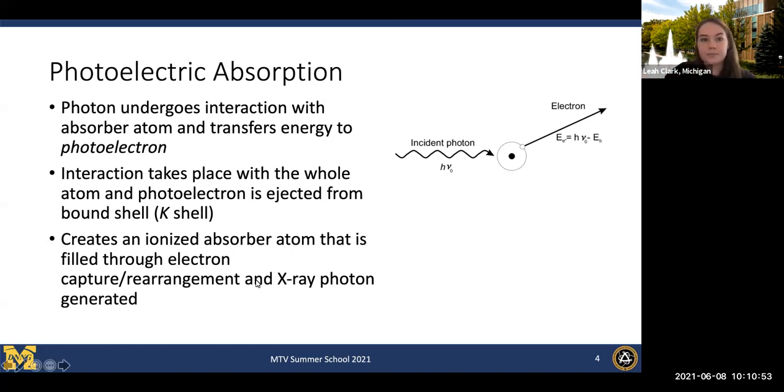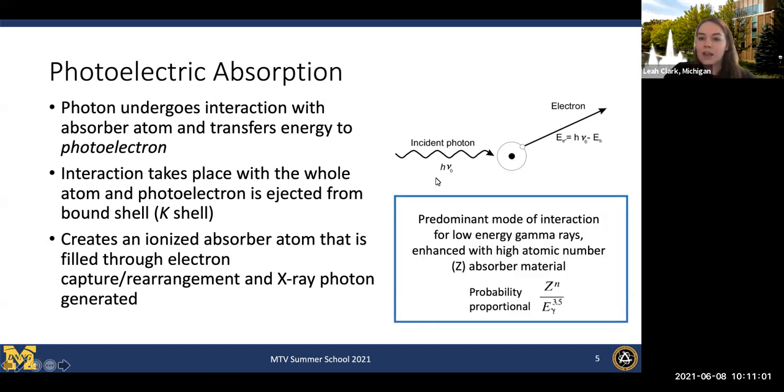Photoelectric absorption, also called the photoelectric effect, is the predominant mode of interaction for low energy gamma rays.